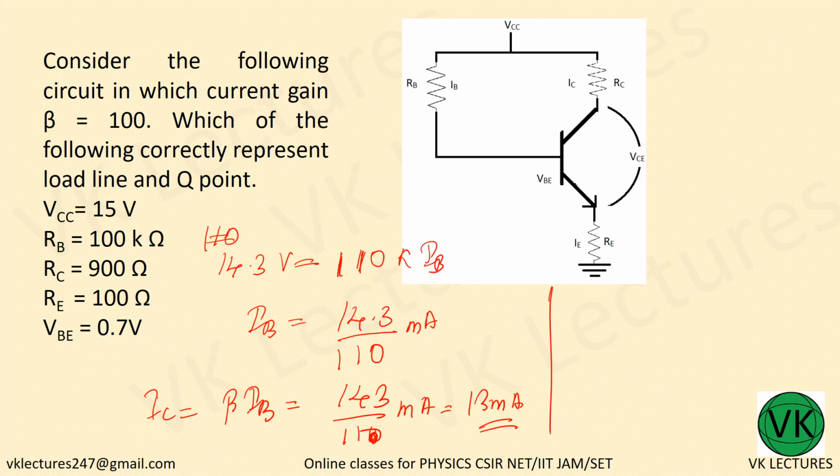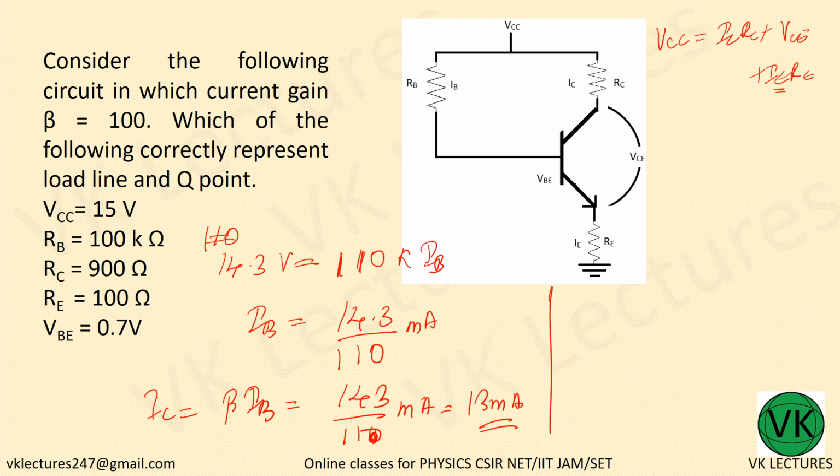IC you got as 13 milliampere. Now applying to the output, VCC equal to ICRC plus VCE plus IE into RE. Now here I can write IE as IC.